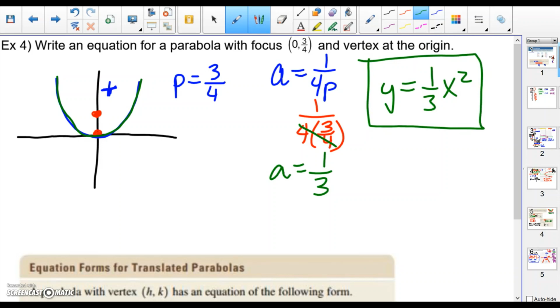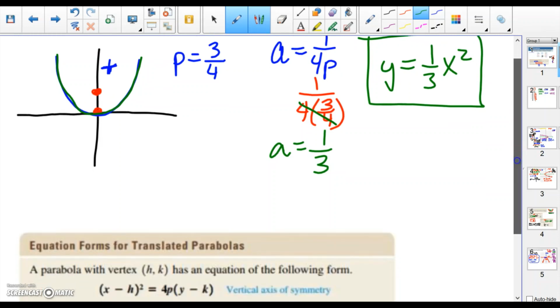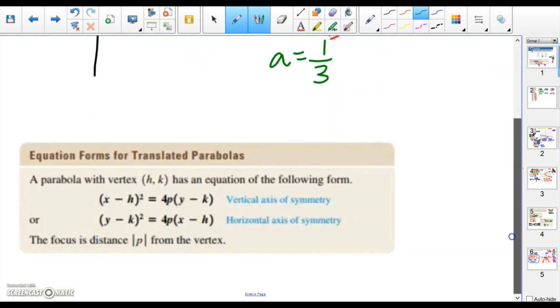Obviously, if it wasn't at the origin, we'd have to shift, you know, the y minus 2 and the x minus 4 or whatever. But at the origin, that's what it looks like. And so they give us these equations for if we're not at the origin. But again, I don't like the form. I like it better when the linear term is by itself.